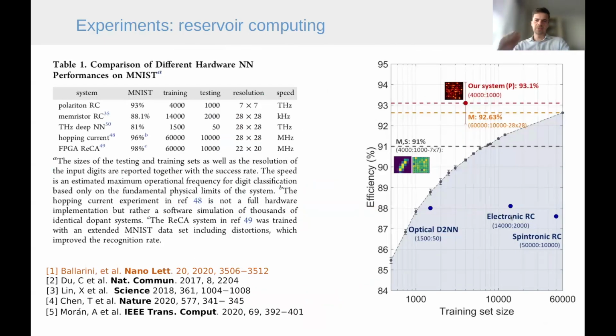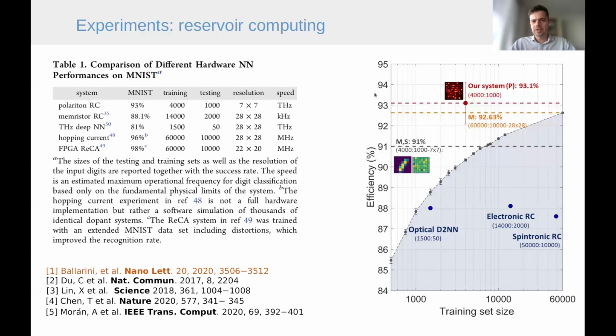So we've obtained recognition accuracy on the level of 93%, which is maybe not the very high one as compared with the top electronic implementation, but for neuromorphic implementations, so implementations that try to mimic the structure of neural network, it is actually quite high.